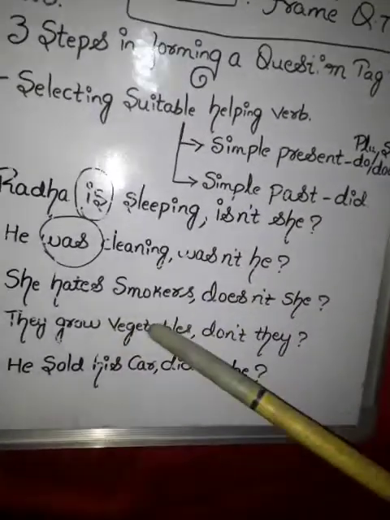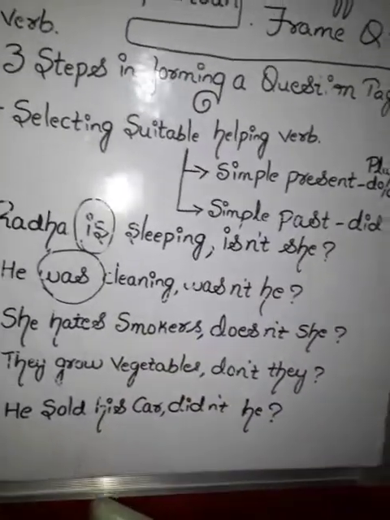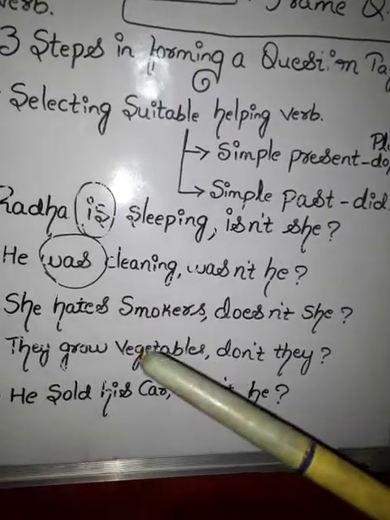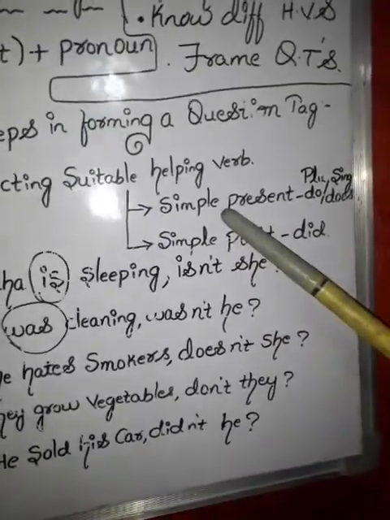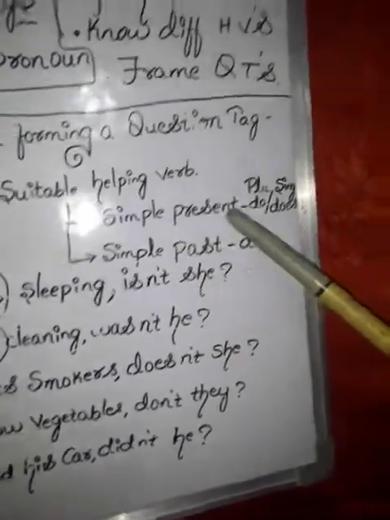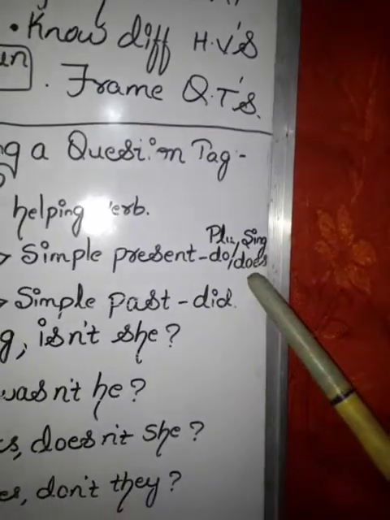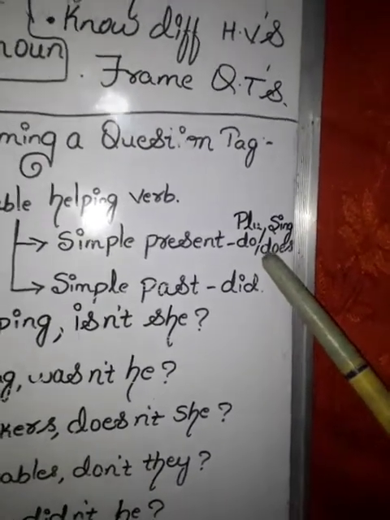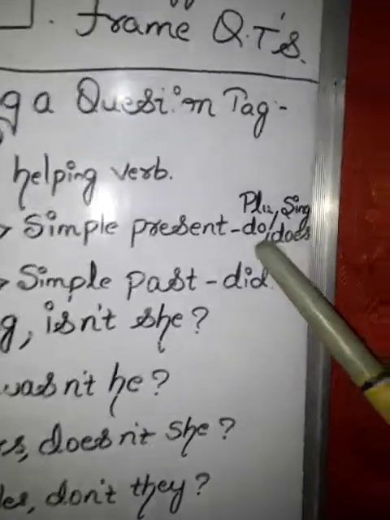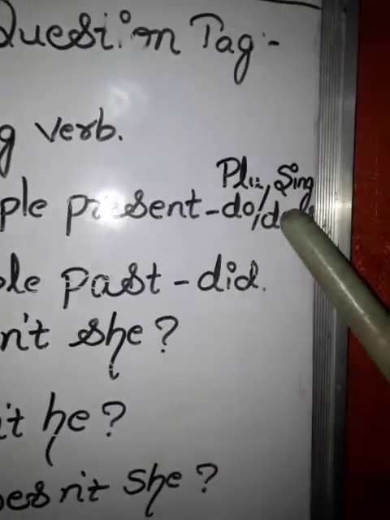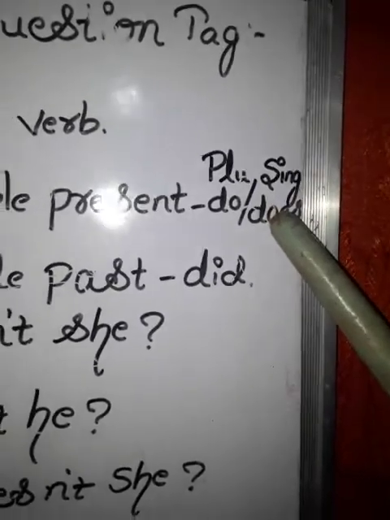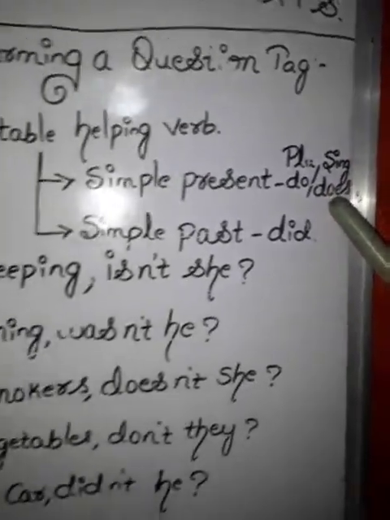Now coming to the case when there is no helping verb in the given statement. In such a case, if the given sentence or statement is in simple present tense and the subject is singular, we use does. I am repeating once again. If the given statement is in simple present singular, we use does as the helping verb for writing a question tag.